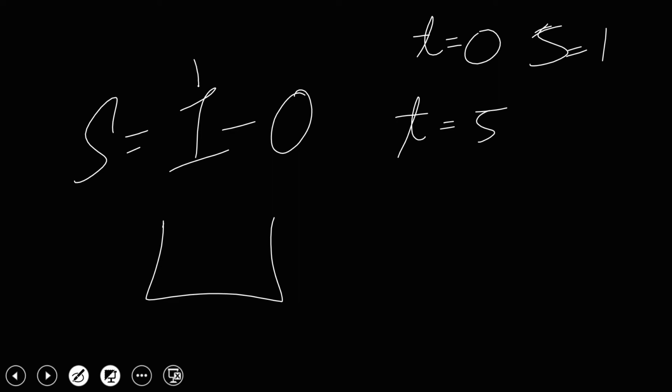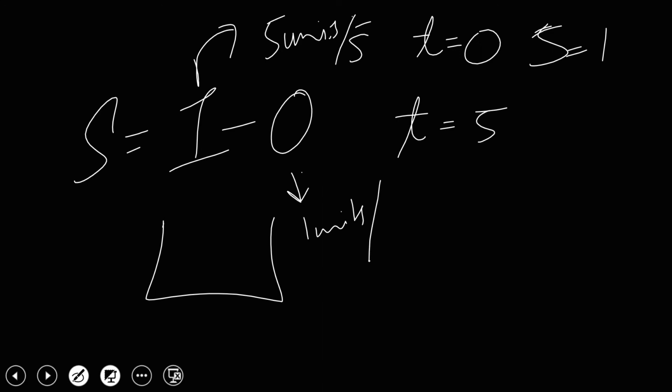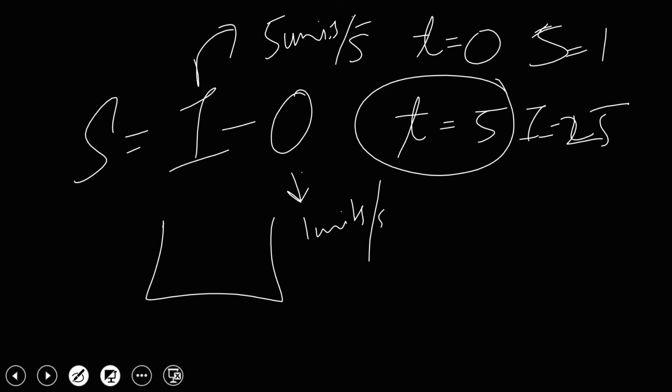Let's say that input is going in at 5 units per second, and let's assume there's an outflow of 1 unit per second. In that case, at t equal to 5, we'll observe that the amount of inflow was 25, since 5 into 5, and outflow would be 5.